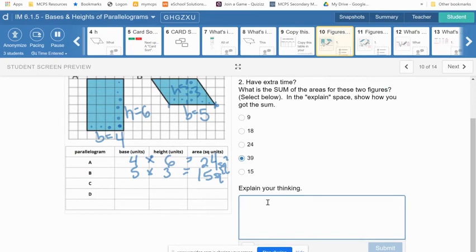4 plus 5 is 9, and 2 plus 1 is 3. On the base and the height of each figure, then multiply them. Multiply the base and height.